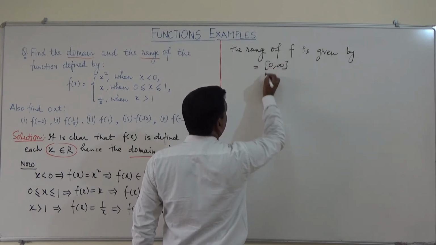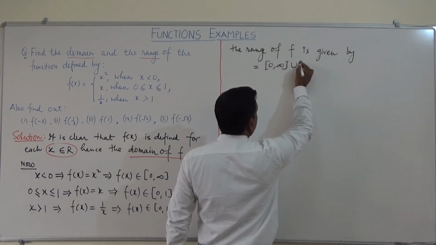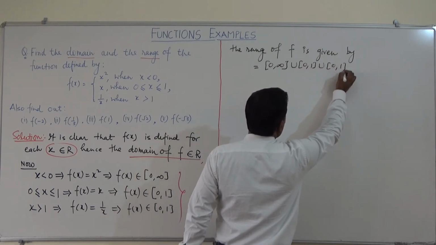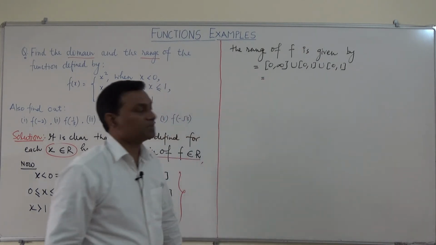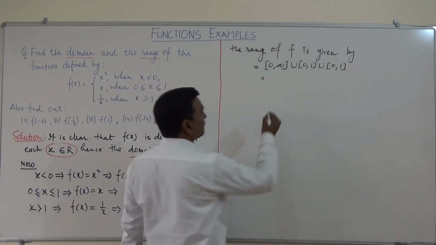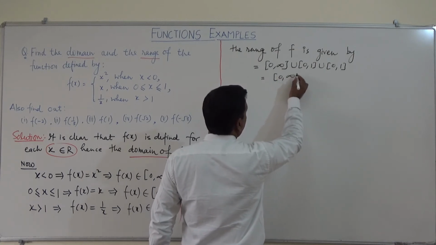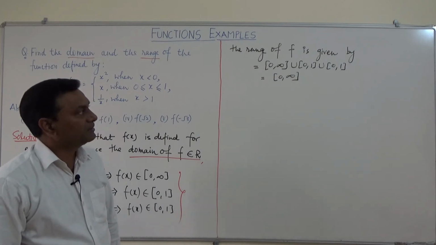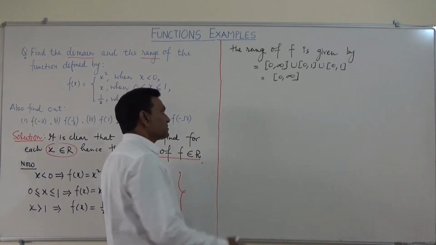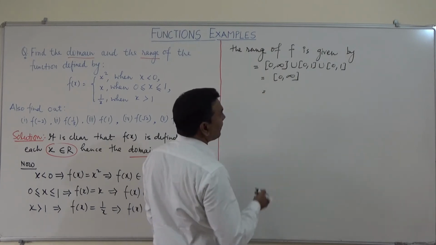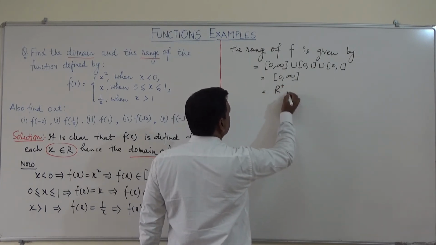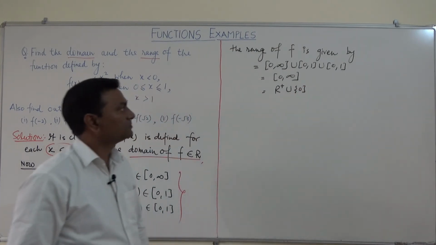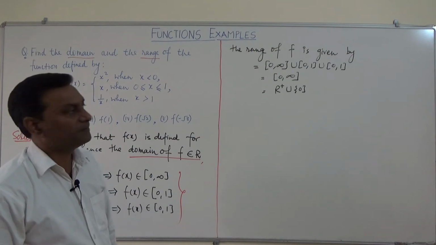We will take the union of all three, (0, infinity) union [0, 1] union (0, 1), and this is equals to [0, infinity). So this is the range of the function, or we can also say this is equivalent to the set of positive real numbers union 0. So this is the range of the function.